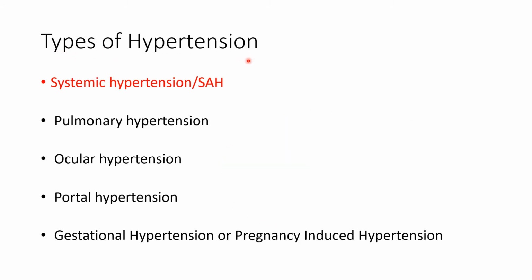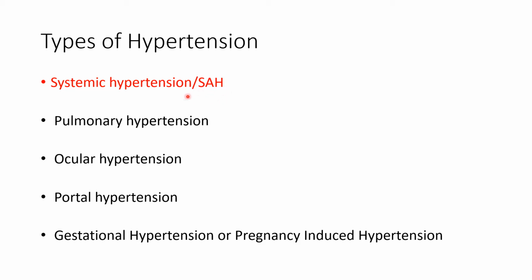Types of hypertension. Someone will ask, do we have different types of hypertension? Yes. Many people along the streets will be familiar with high blood pressure, hypertension, thereabout. You are making reference to just one: systemic hypertension, otherwise known as systemic arterial hypertension.